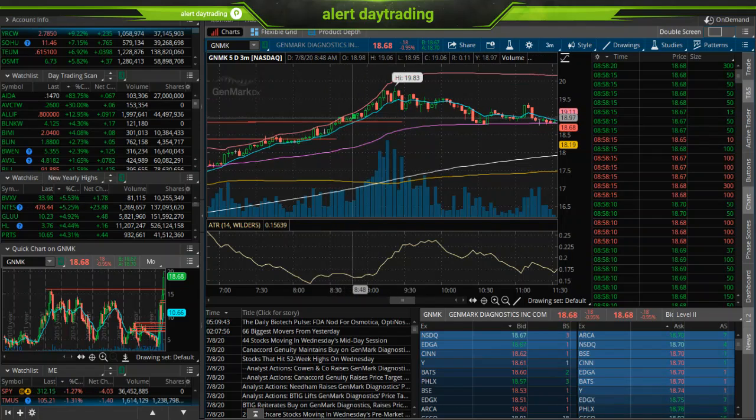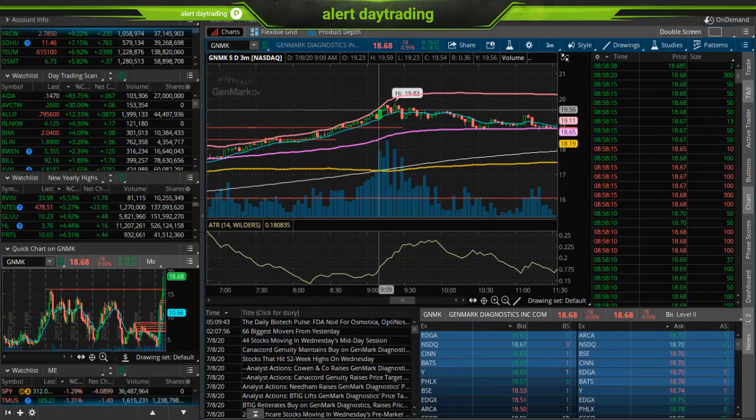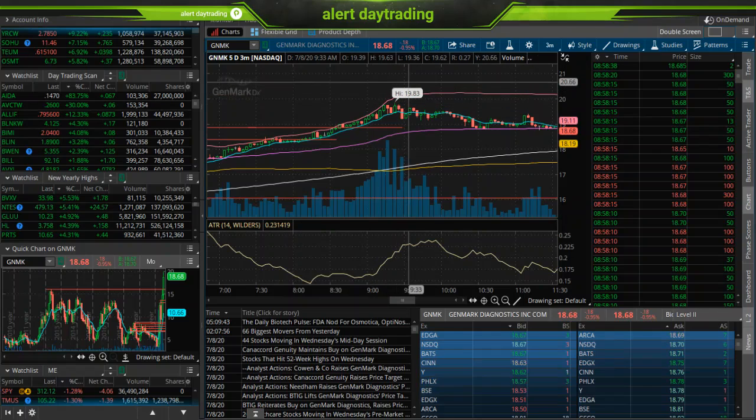I feel like after the fourth level, that's really good potential for the stock to continue rising. And it didn't, but at the same time, it still could have.